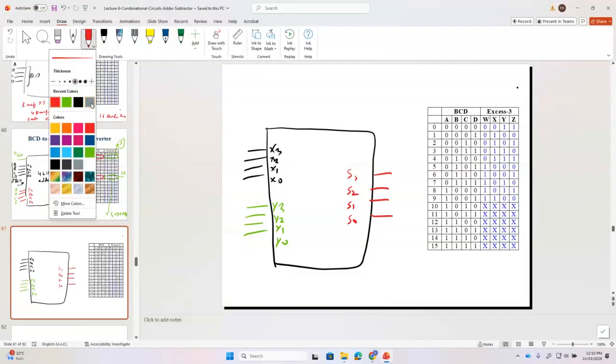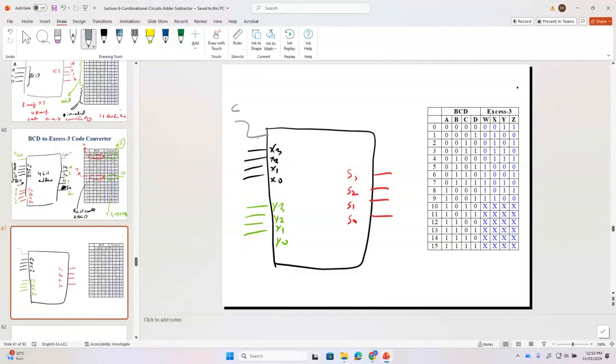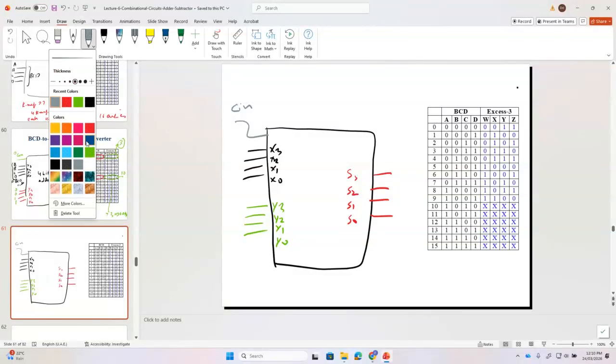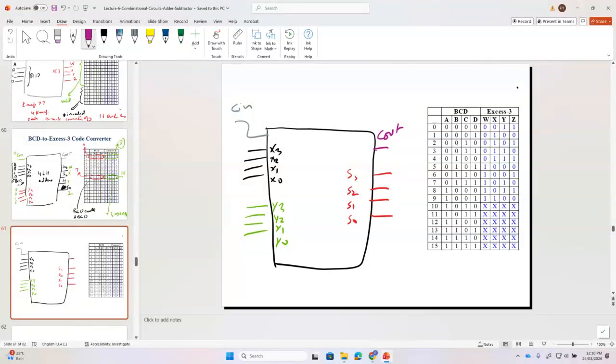Then we have C in, and the purple color, maybe C out. How can we design it using a different method, but using a 4-bit adder?